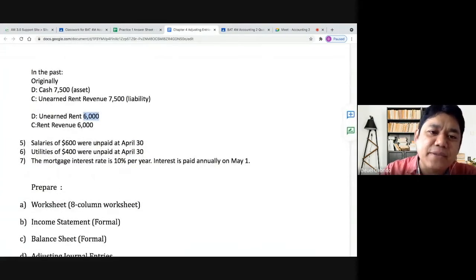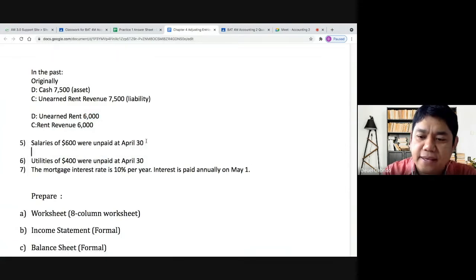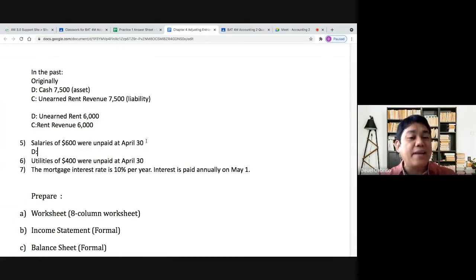Salaries of 600 were unpaid at April 30th. Okay, let me put like, guys, unpaid salaries. What shall we do with this? It's already the ending of the year. They want you to make a financial statement, income statement, and balance sheet, but the salaries are not given yet.